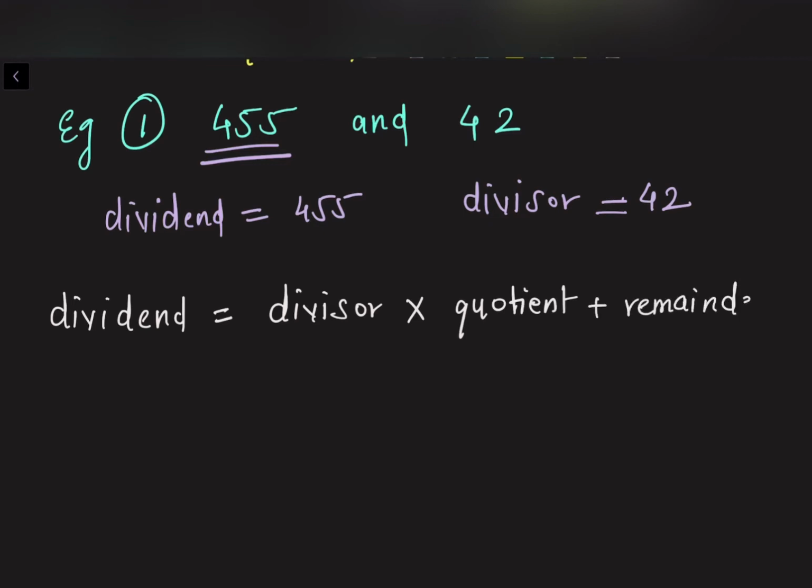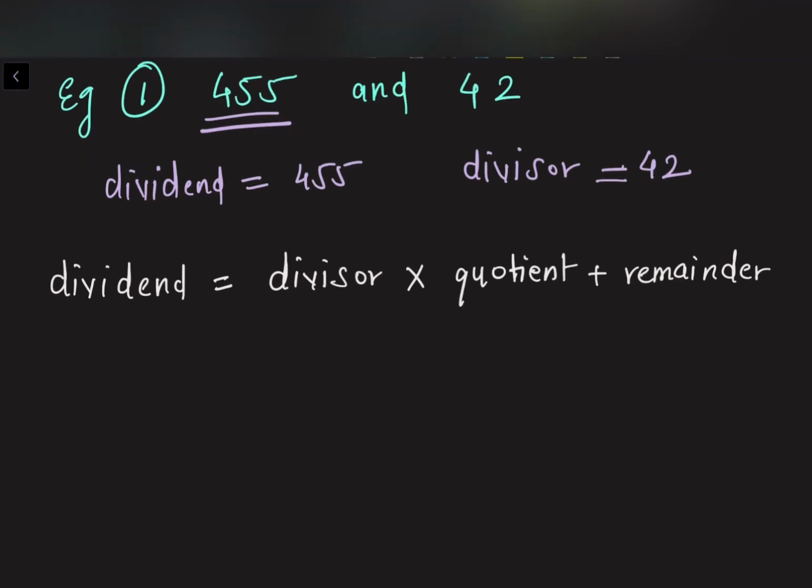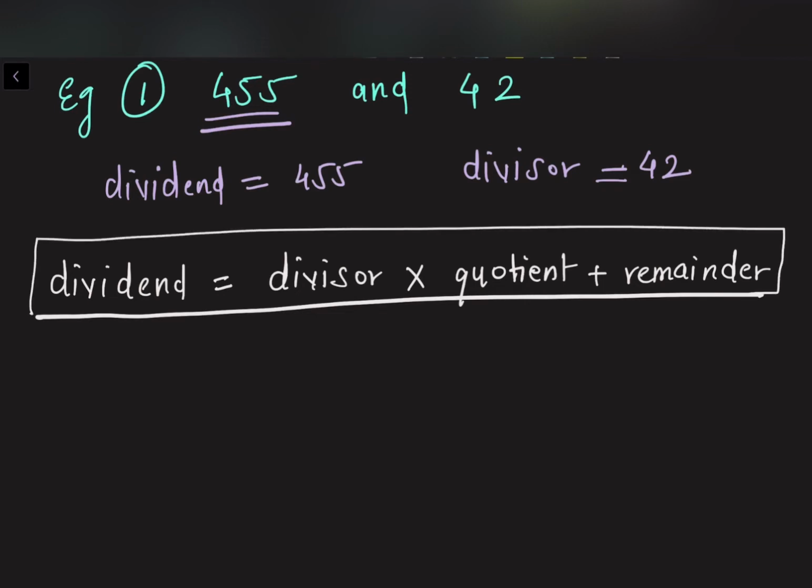Okay, your textbook is using this representation. Okay, I'll be showing you both the ways, the normal division, the basic division which you have learnt, and this division also. Okay, so let me put it in a box.